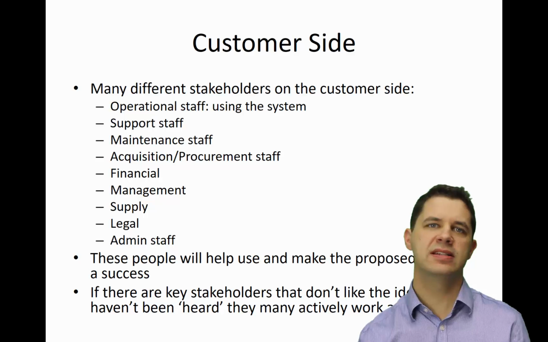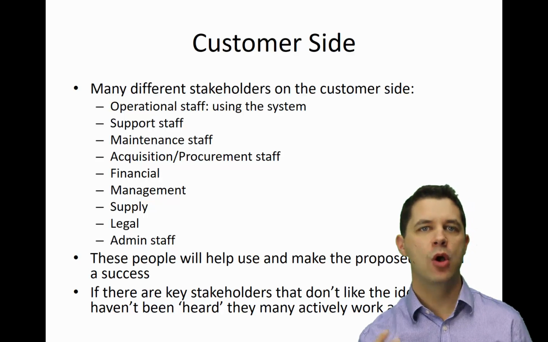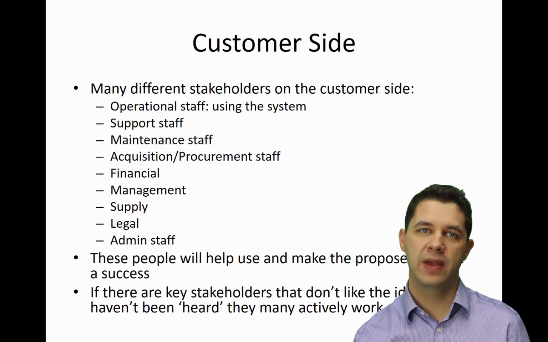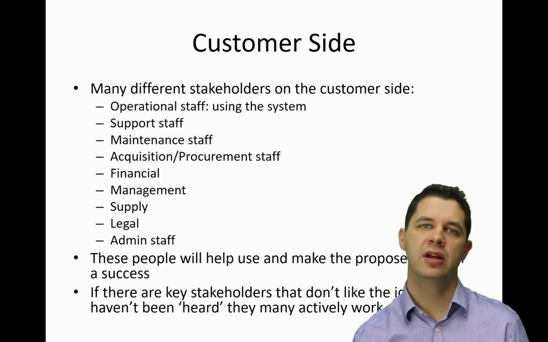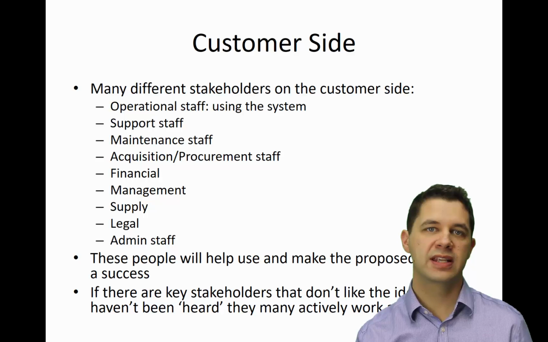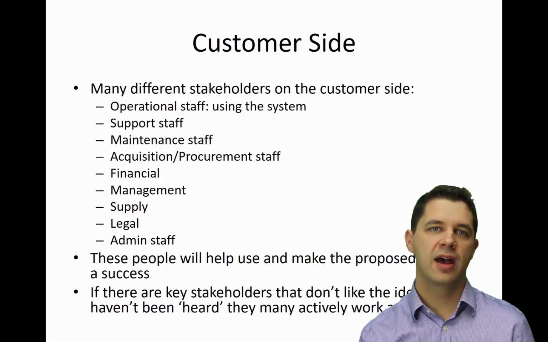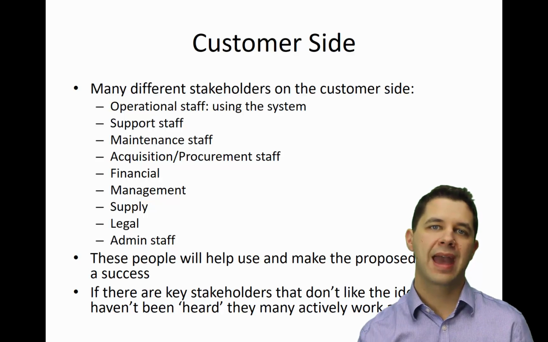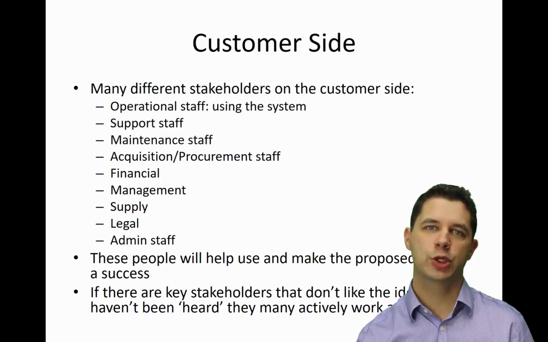In a typical business, there's a whole bunch of different people. For example, operational staff, people actually using the system; support staff, maintenance staff, so people that will be repairing the system and keeping it in operation; acquisition and procurement, and they might be responsible, for example, for making sure that the system can actually be got in the door or can be supported within the environment, whether it be needing structural support in the flooring or extra power requirements in the room.